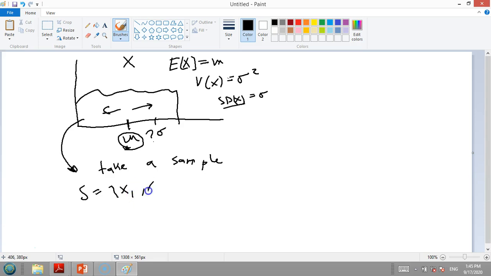And this will be x1, x2 through xn, like this. I take a sample. I treat each one of the observations like a random variable. And this random variable will have exactly the same distribution as x. And the whole idea is that then I will take a sample mean.